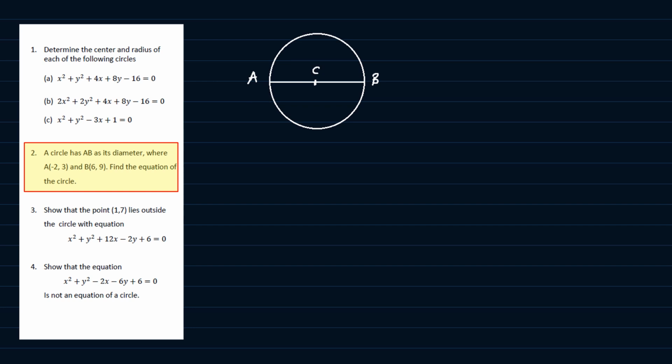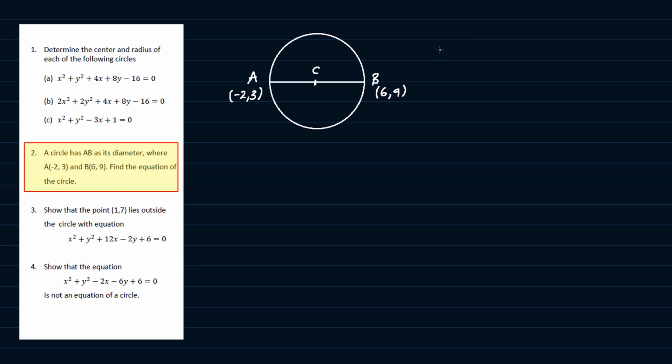Okay, so according to the question, the points A and B have known coordinates. That's minus 2, 3 for A and 6, 9 for B. So we want to find the equation of the circle. Now, to find the equation of the circle, we will just need two things.